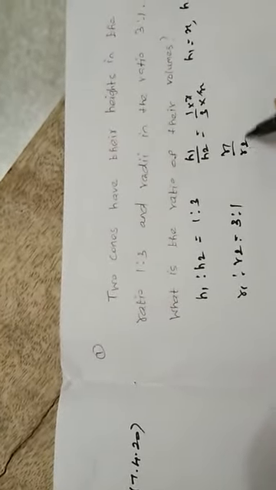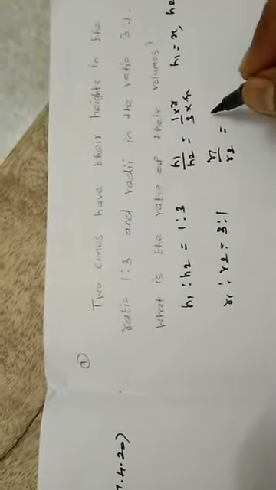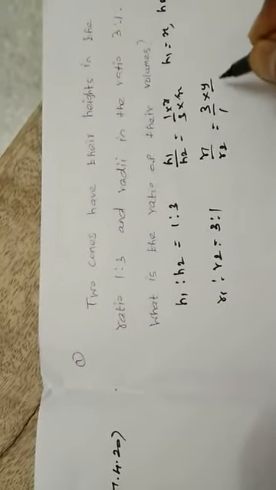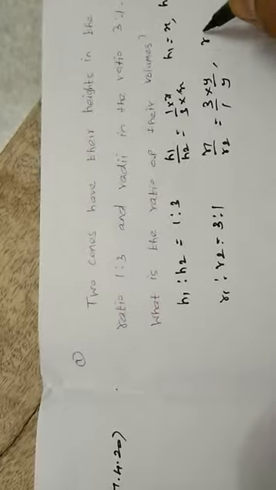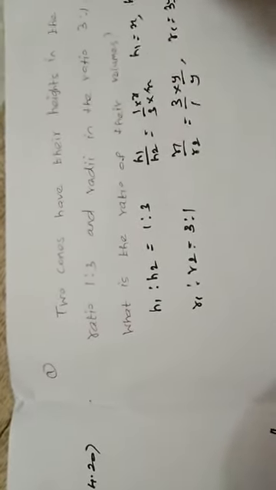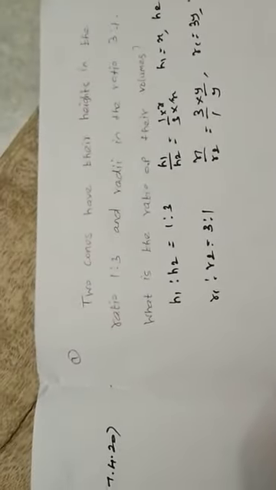Now the ratio of the radii r1 is to r2 is given as 3 is to 1. So r1 by r2 is nothing but 3 by 1, and we are going to use common y. Therefore r1 equal to 3y and r2 equal to y.